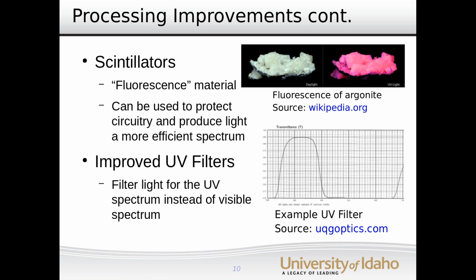However, one common scintillator is sodium iodide doped with thallium, which produces a peak wavelength of 415 nanometers, and it will produce approximately 38 photons per kilo electron volt gamma ray, and has a 250 nanosecond relaxation time.